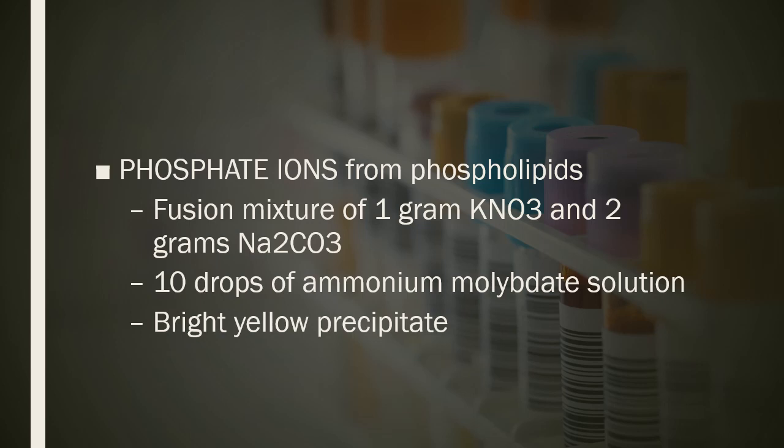You did the filtration, and then you added your fusion mixture. Your fusion mixture here is a mixture of 1 gram potassium nitrate and 2 grams of carbonate, and you add it to the filtrate. Then you heated it in a direct flame.